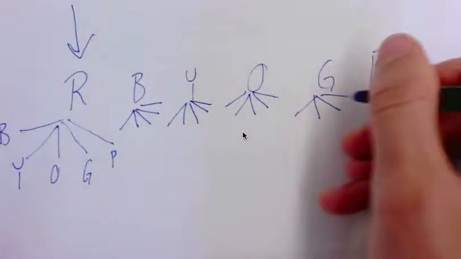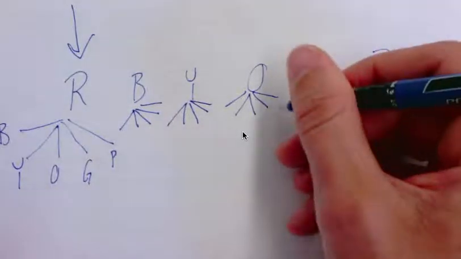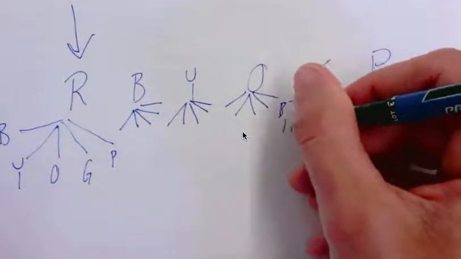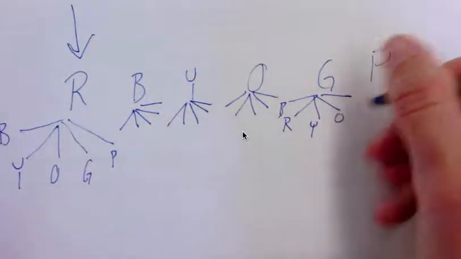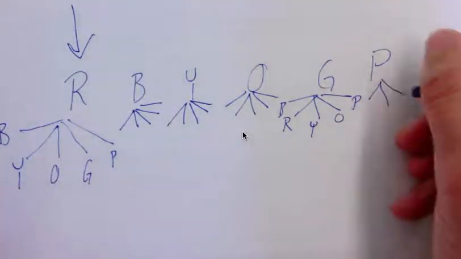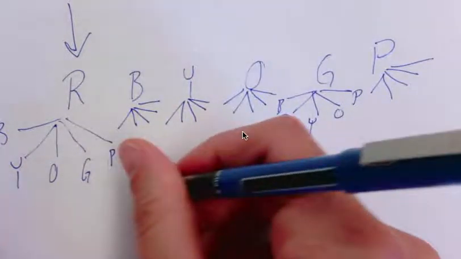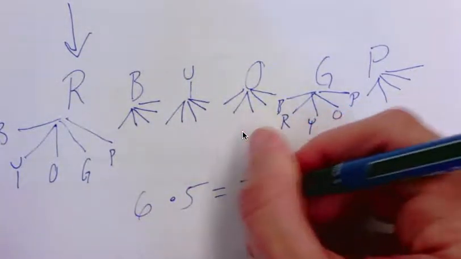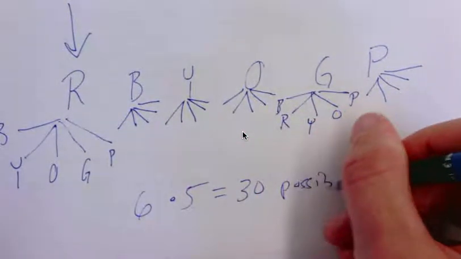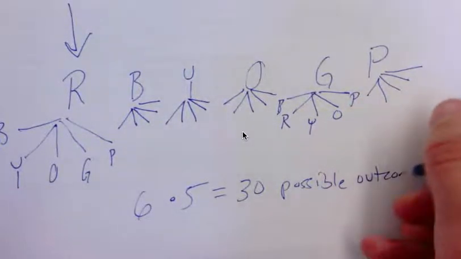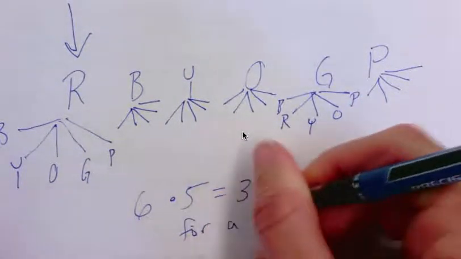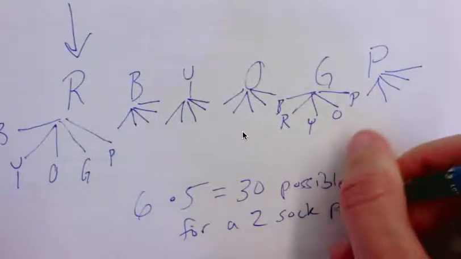So for example, if I first pull green, my other options are blue and red and yellow and orange and purple. 2, 3, 4, 5. So I can see that I've got 6 times 5 possible outcomes. So 6 times 5 equals 30 possible outcomes for a 2 sock pull.